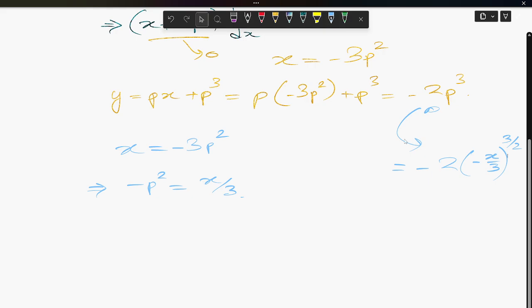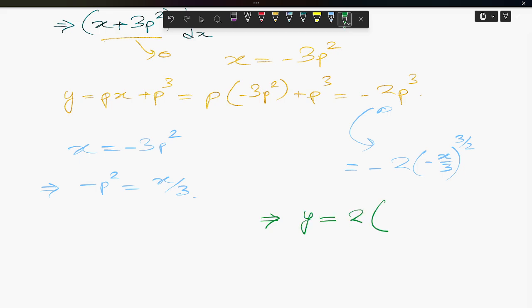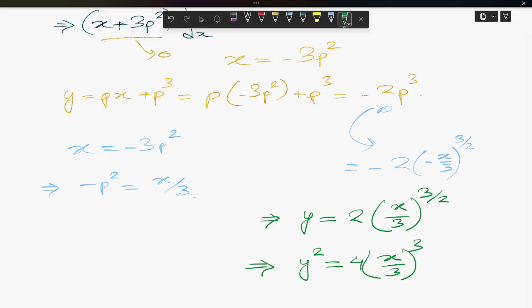Okay, so now everything is under control, so from this we can write y is equal to 2 into x by 3 to the power 3 by 2. So we can write that y square is equal to 4 times x by 3 whole cube.